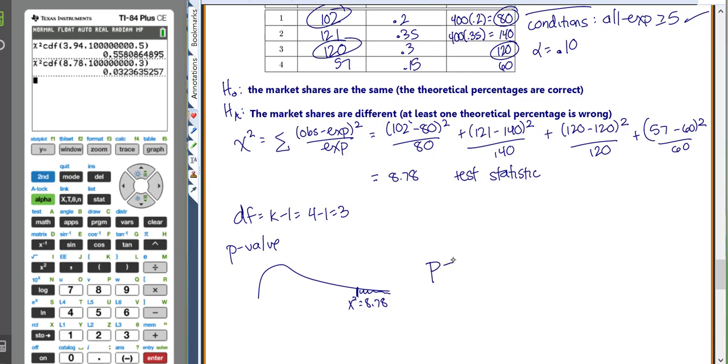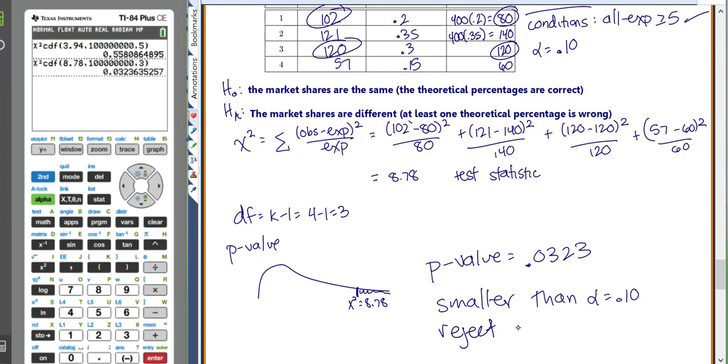And it looks like my p-value equals 0.0323. This is smaller than alpha equals 0.10, so I will reject my null and have evidence for the alternative.